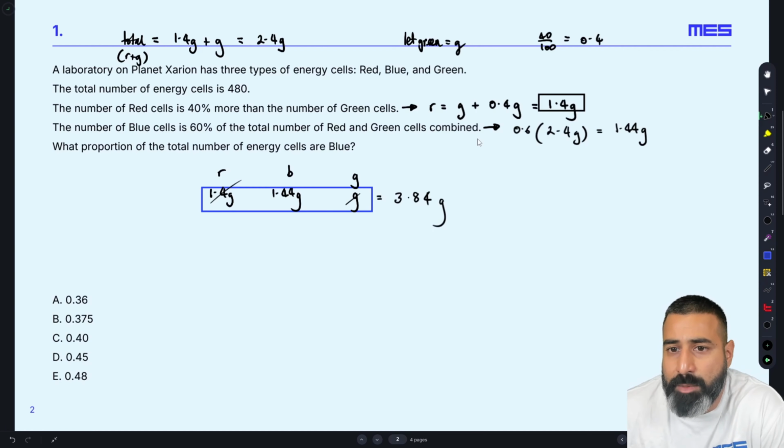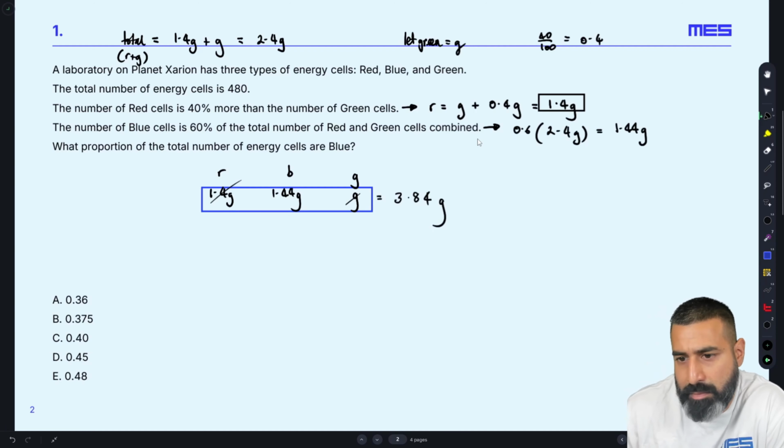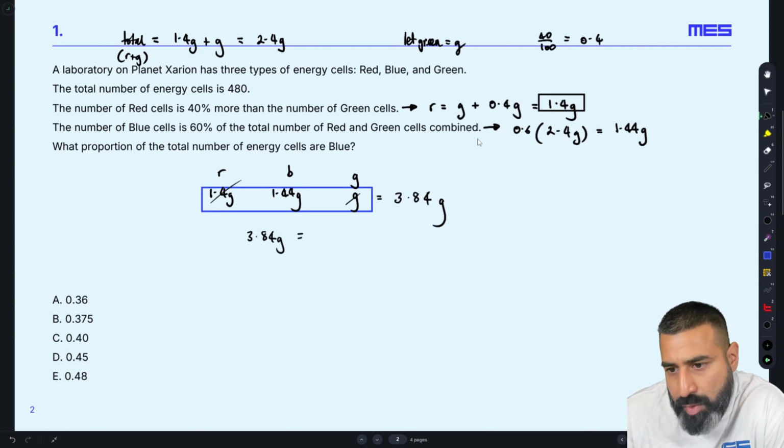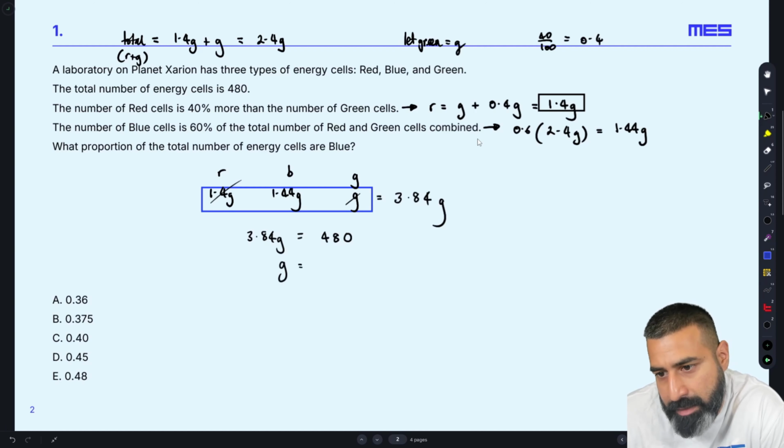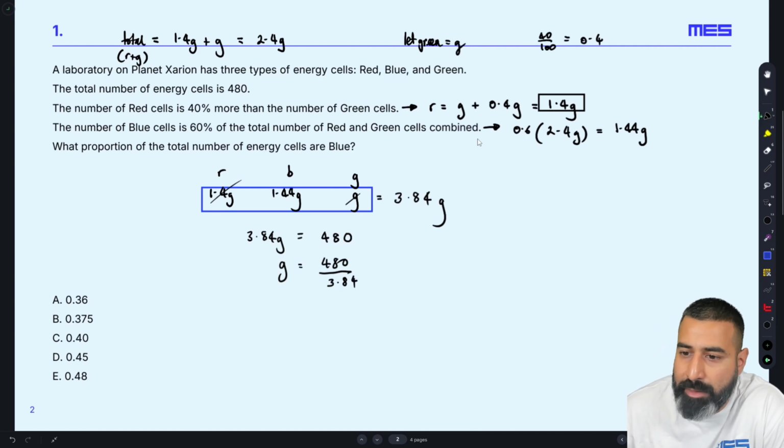And that is going to be equal to the total number, which is, so 3.84G is equal to 480. So then we can say that G is equal to 480 over 3.84.